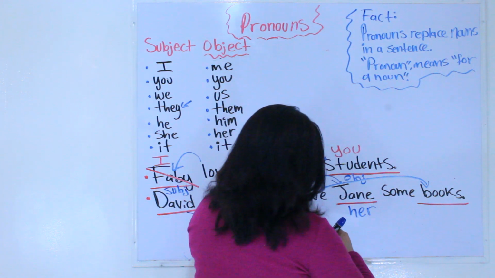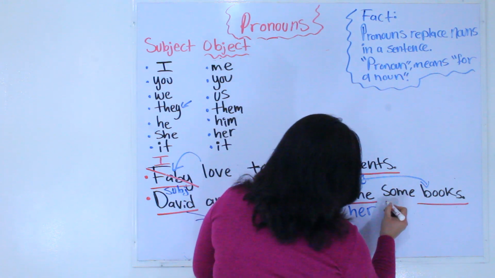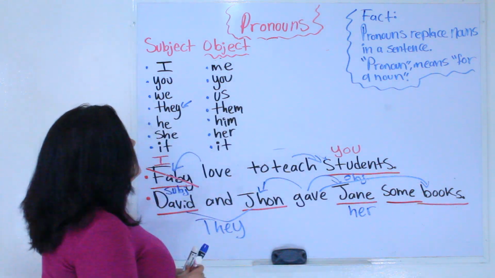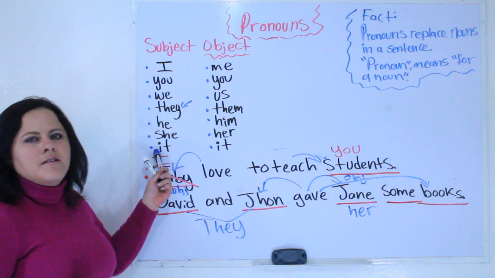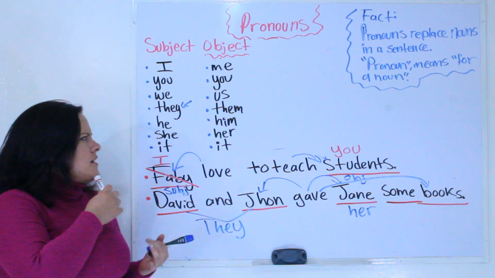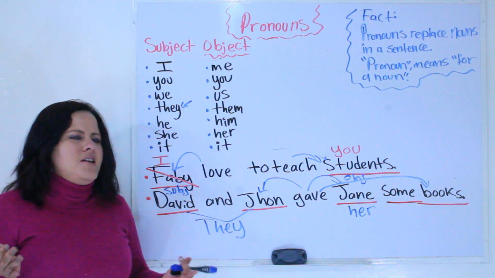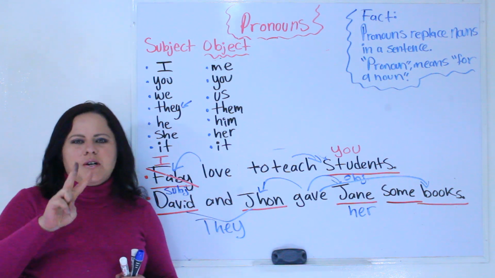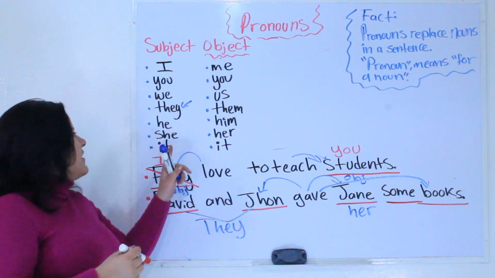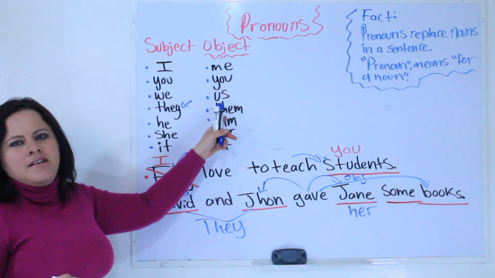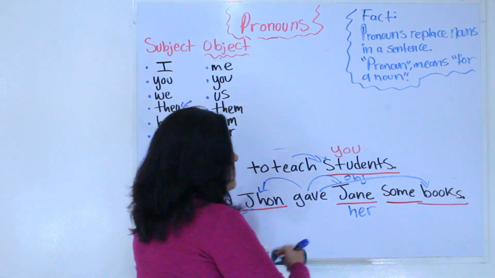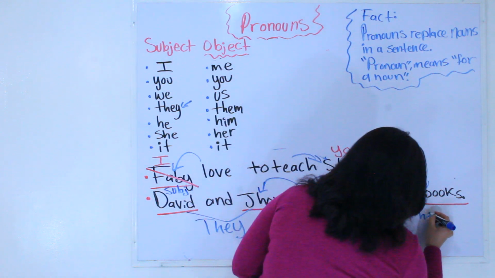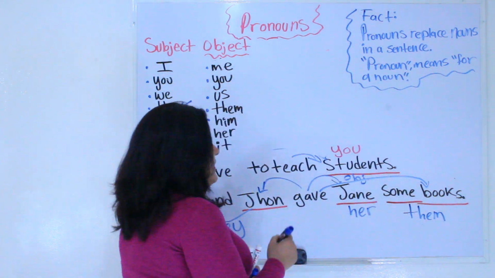And to replace some books, would we use it? It's a thing. We could use it. No, because it's more than one book: 2 books or 3 or 4. So we use them. I know they're not people, but let me explain.